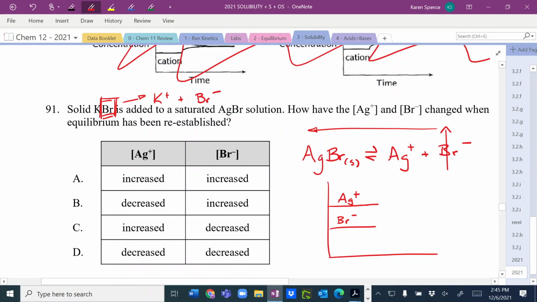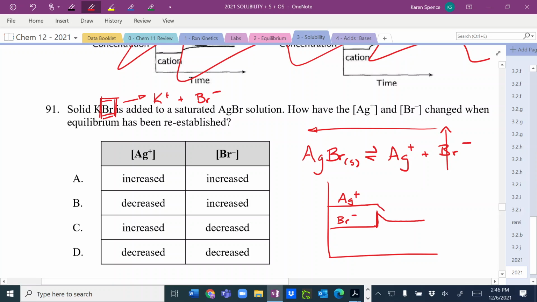Our Br concentration increased. What will happen to its concentration now? What would the graph look like? It'll go down. Where will it get to? Somewhere above its original value. It doesn't really matter where. And what will happen to silver?